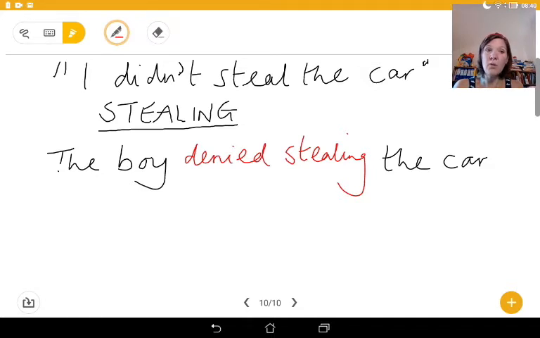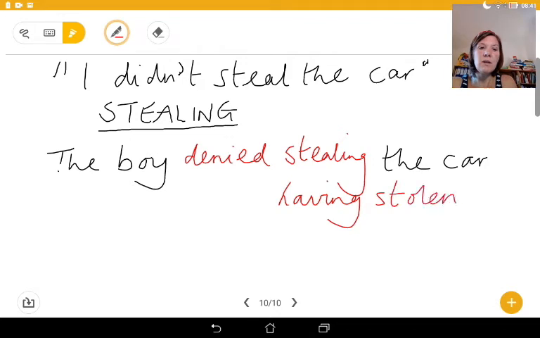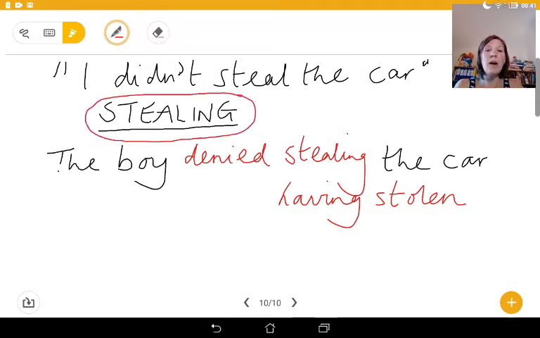Actually, you could also say this in a different way, which is probably more similar to the Italian structure: "The boy denied having stolen the car." Obviously not in the case of this transformation, because you have to use the verb stealing, but it would also be grammatically correct.